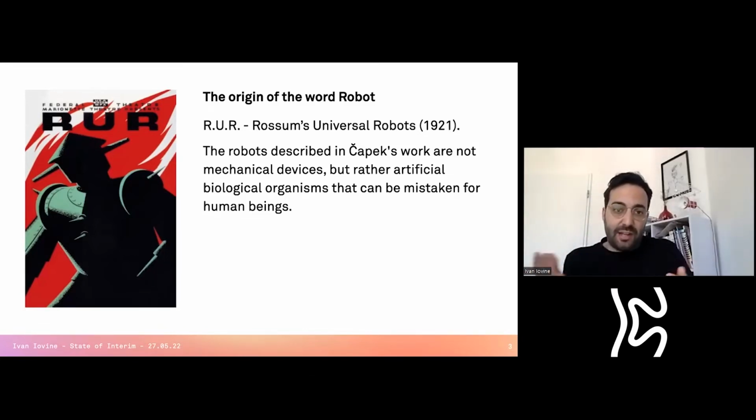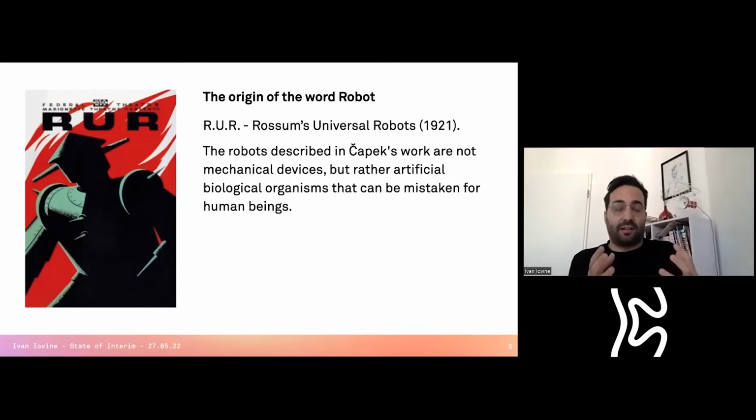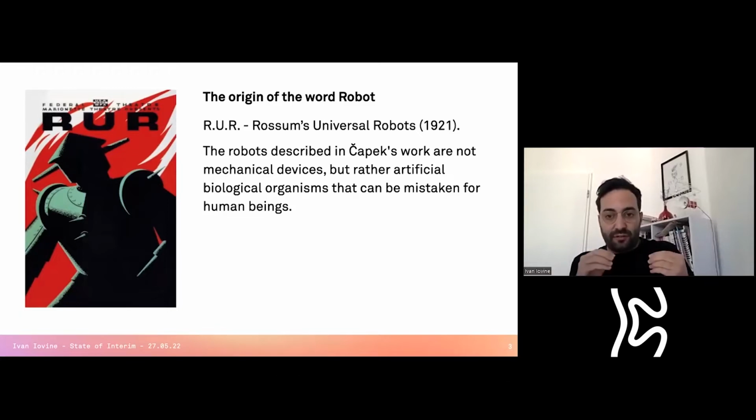It's interesting to say that in this play, Čapek's concept of robots was that they are not only artificial beings like the industrial robots that we know today, but a hybridization or a mix between artificial and biological organisms.